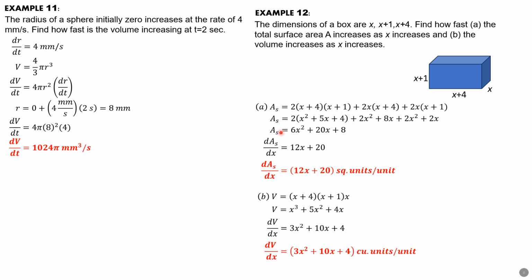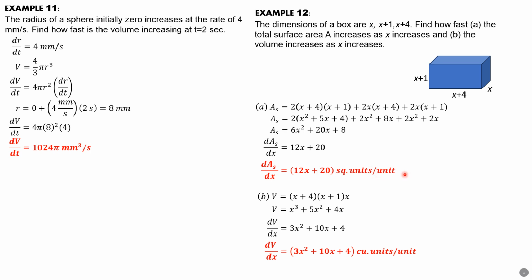We are now ready to differentiate this with respect to x. The derivative of area S with respect to x is 12x plus 20. So the answer, the rate of change of area with respect to x, is quantity 12x plus 20 square units per unit.